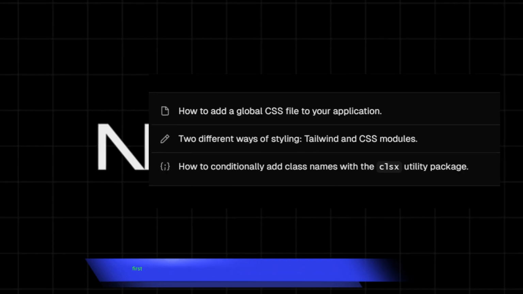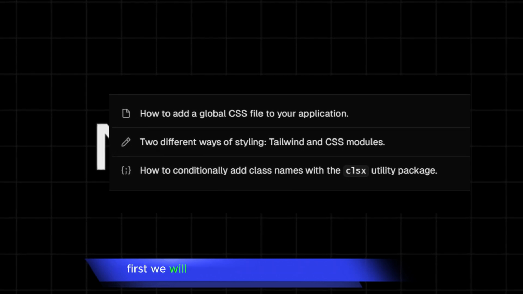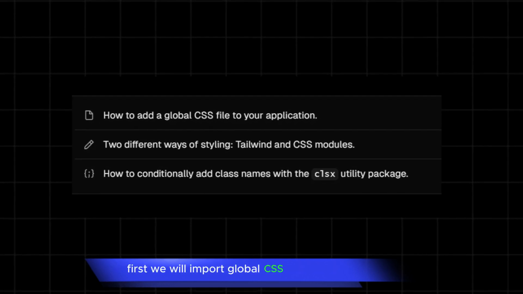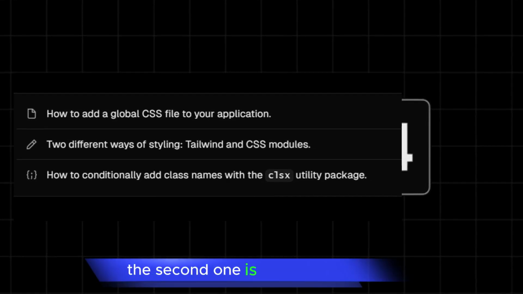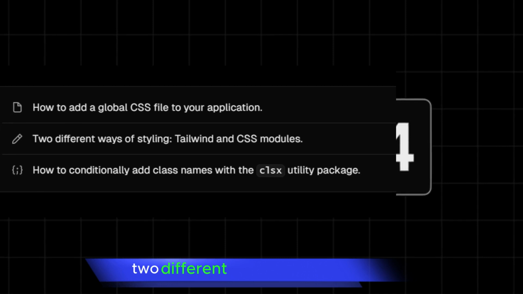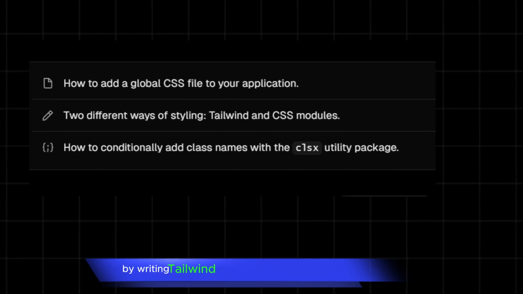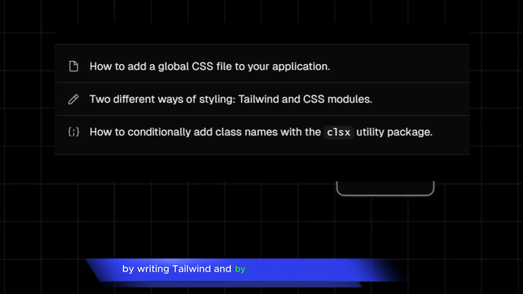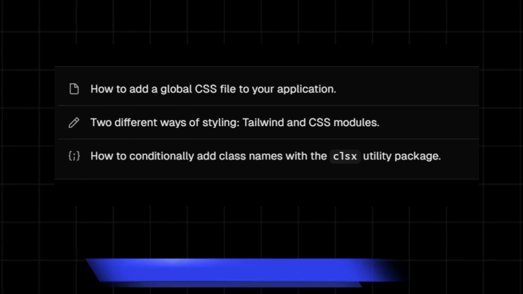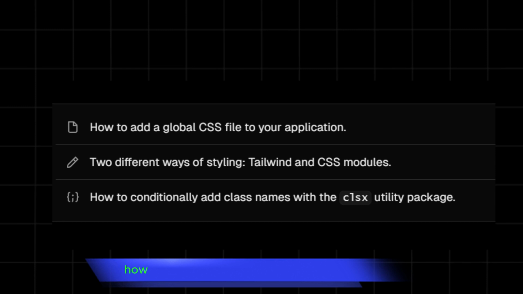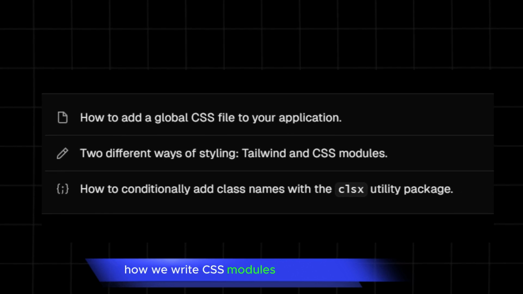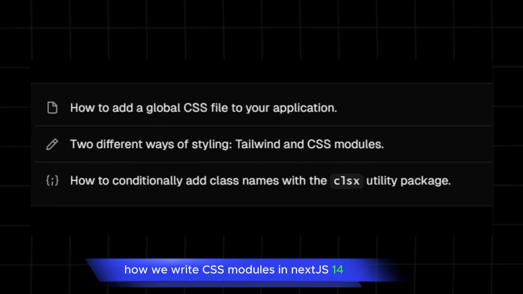So basically we have three things to do in this video. First, we will import global CSS in our app. The second one is we will see two different ways of styling, by writing Tailwind and by writing CSS modules. So in this video, you will also learn about modules, how we write CSS modules in Next.js 14.